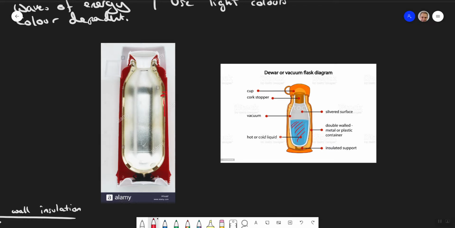Well, we'll cover it in some plastic, a nice non-metallic conductor around the top to make sure it's even slower. You might find that some have a silvered outer layer, just for preference or to add a final layer to stop radiation on the very edge. But that is how vacuum flasks work.